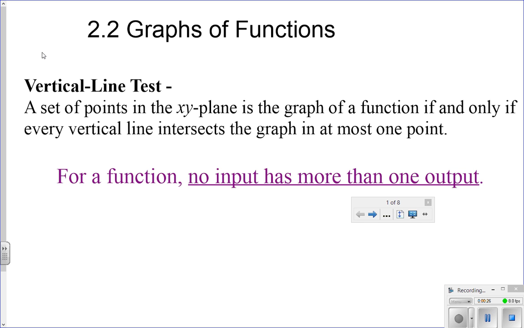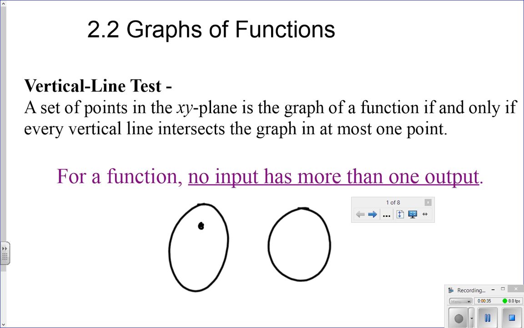In other words, we've talked about no single input having more than one output. As we looked at models before, we cannot have one single input going to two different outputs. That is not a function.